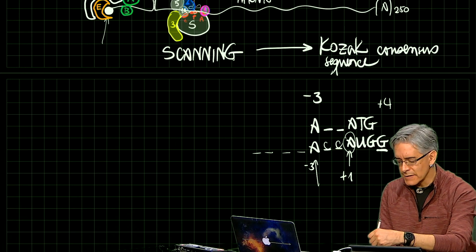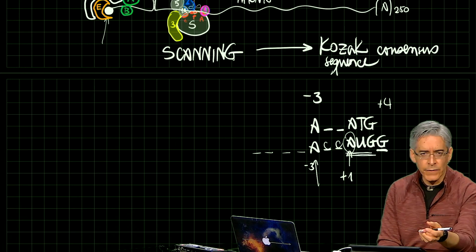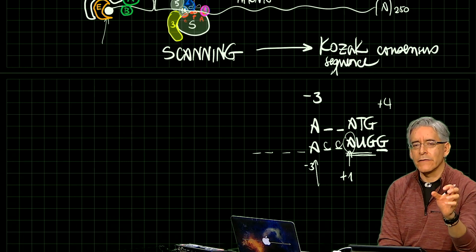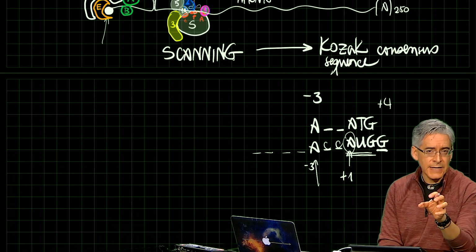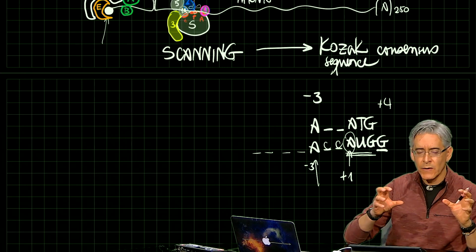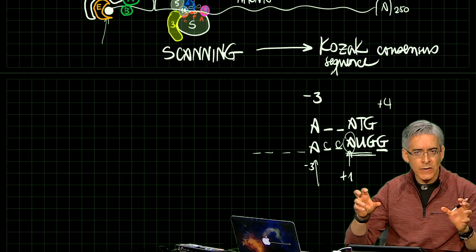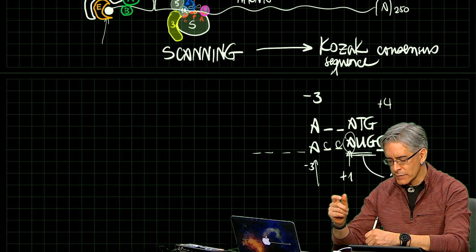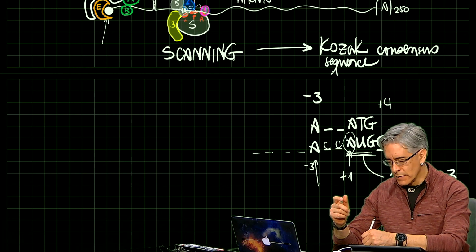So the start site is the AUG codon, and remember, the messenger RNA is going to be read 3 nucleotides at a time in the process of translation. So the ribosome will be recognizing codons. Every codon is made of 3 nucleotides.